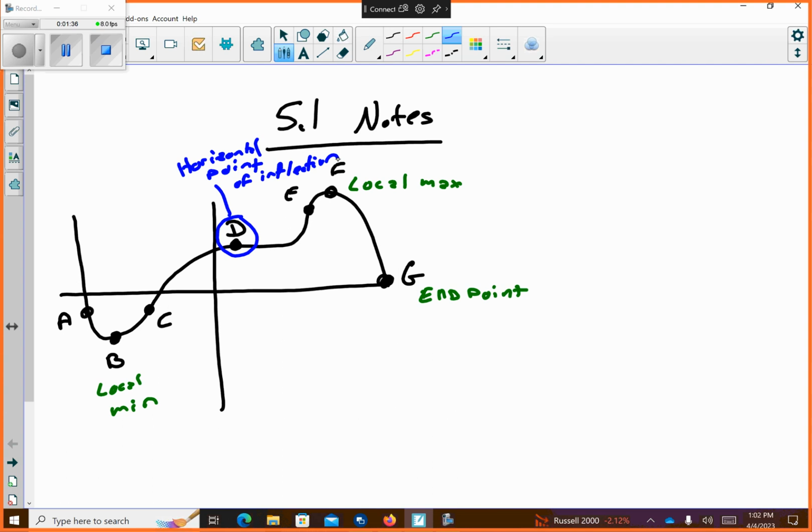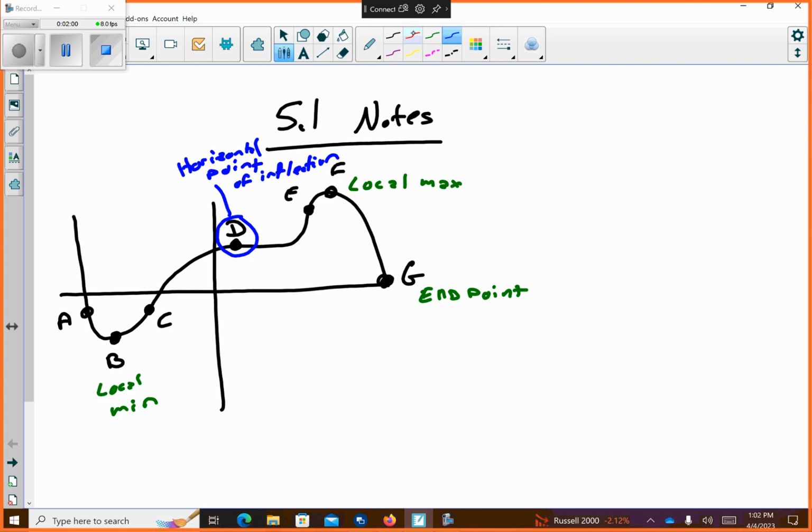Now, in order to find a horizontal point of inflection, you won't have to do it here, but basically you take the first derivative, then you take the second derivative. When you set the second derivative equal to 0, that finds you horizontal points of inflection. We're not going to have to worry about doing that in here. It's kind of where a graph goes from doing something to something else.